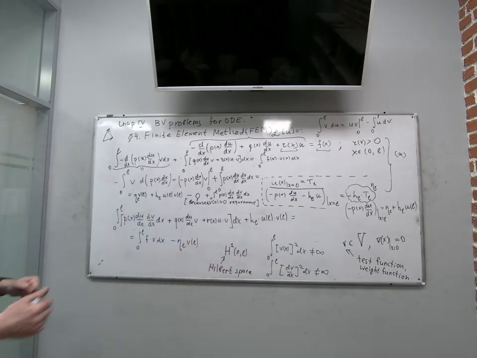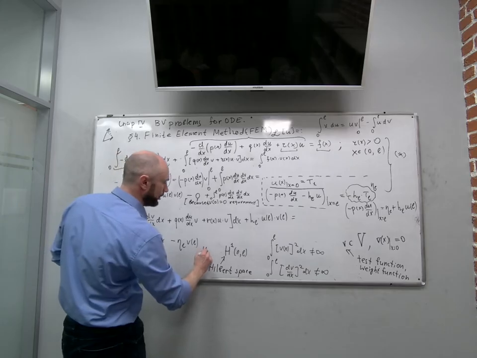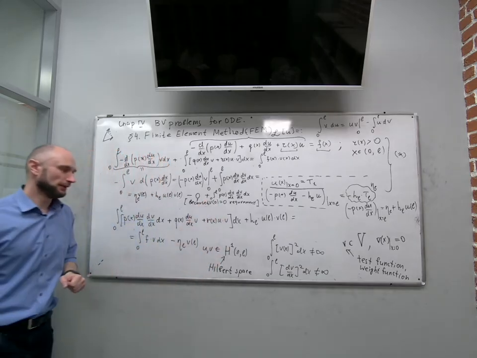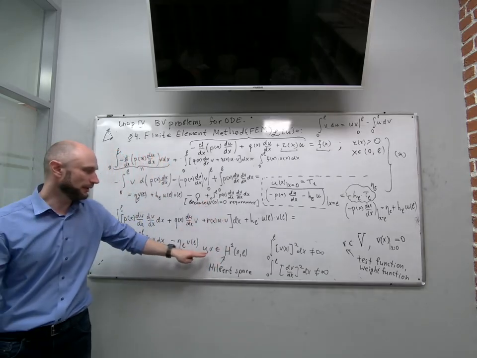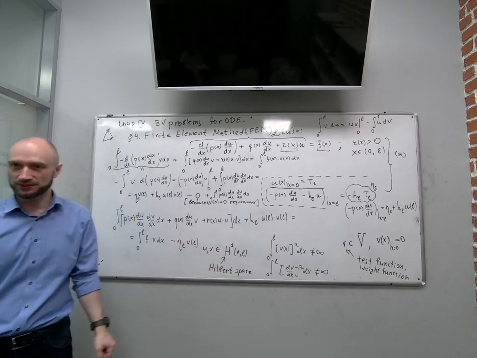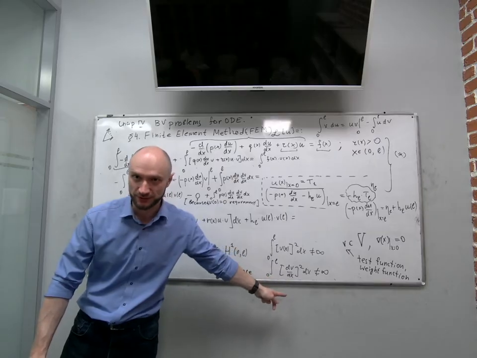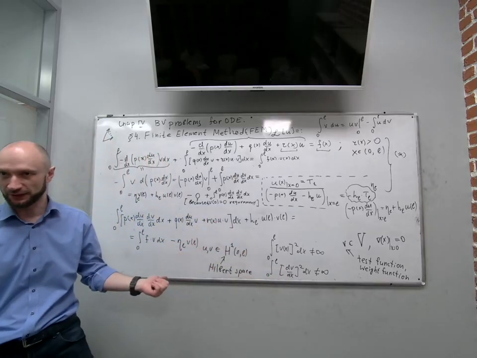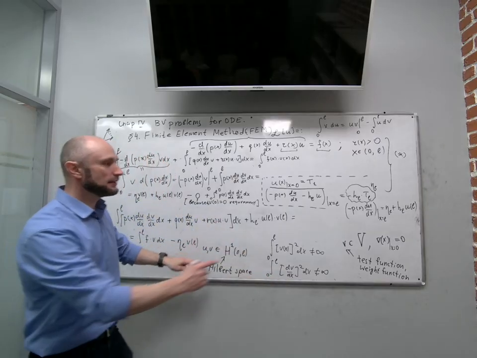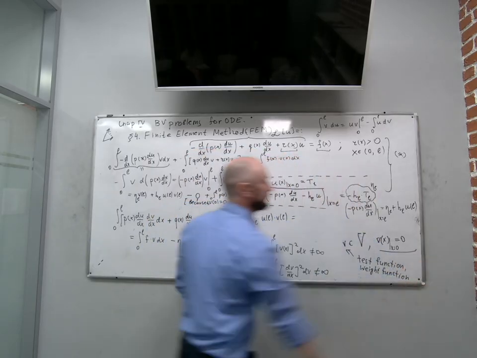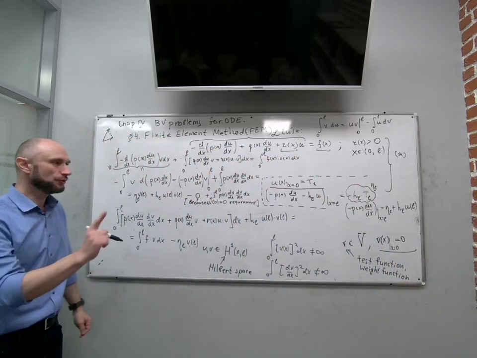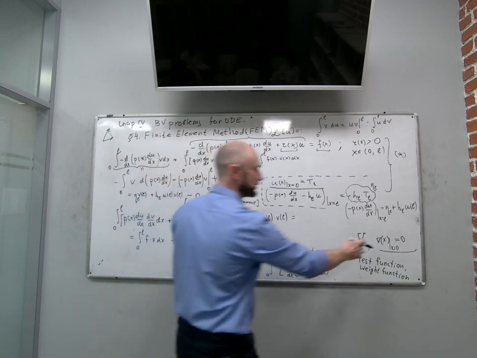Okay. So both u and v must be elements from this Hilbert space. And you know now what it means. These integrals exist. And the scalar product is defined. Okay? And let's recall another condition for the function v. Function u should not satisfy this condition.